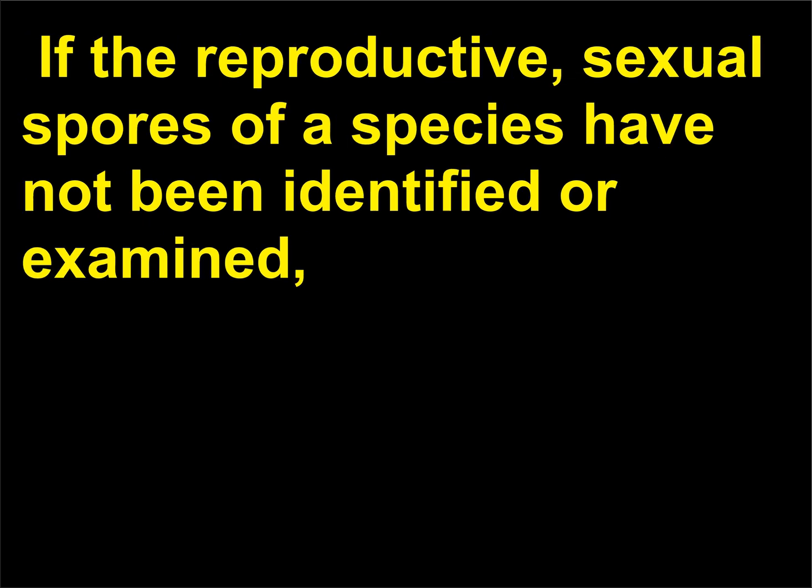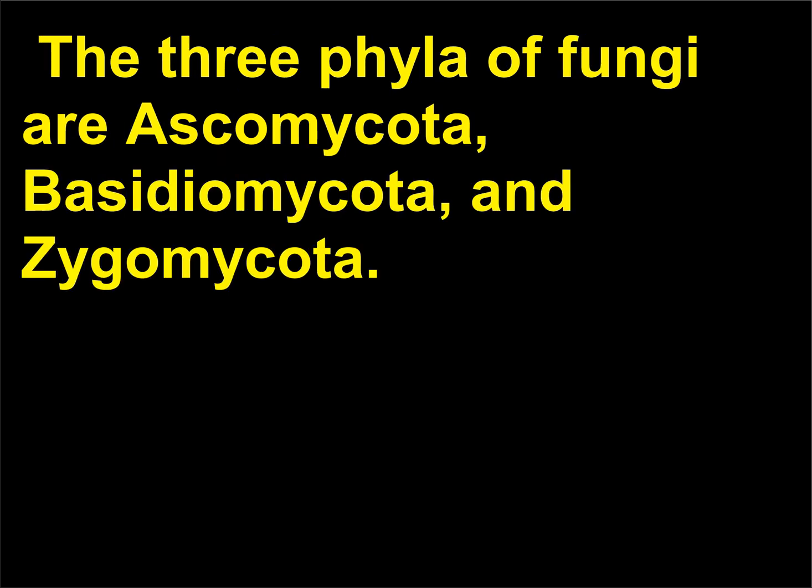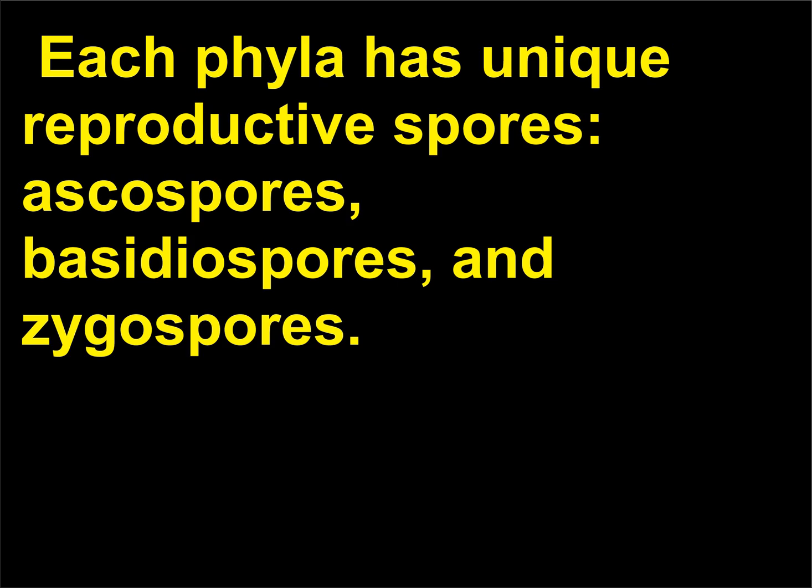If the reproductive, sexual spores of a species have not been identified or examined, the fungi are placed in the phyla Deuteromycota. The three phyla of fungi are Ascomycota, Basidiomycota, and Zygomycota. Each phyla has unique reproductive spores: ascospores, basidiospores, and zygospores.